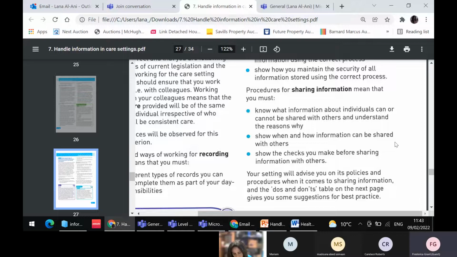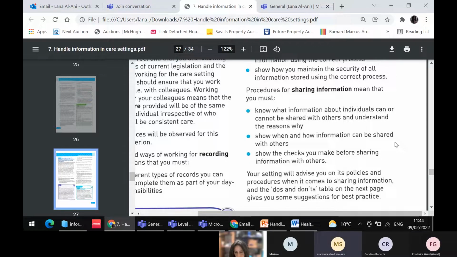The only way I will share information is by asking the individual for their consent. Or if it's on a need to know basis, like if the person is in danger, I would have to share it with the police. I wouldn't share all of the person's information, only what will protect the person from harm.